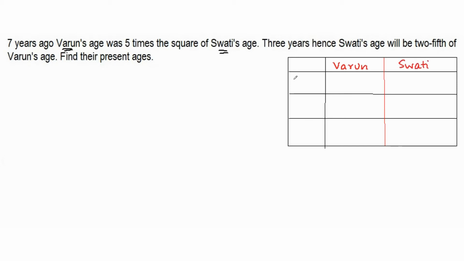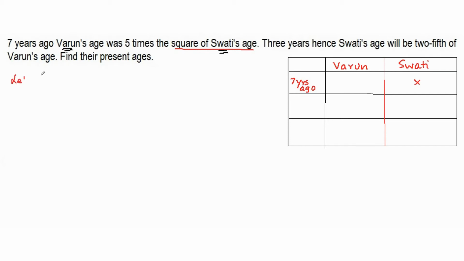Now it's given that 7 years ago. So let's see what is the story 7 years ago. 7 years ago, Varun's age was 5 times the square of Swati's age. So the right place where you can insert the variable is where the relation is known. Right now it is 5 times the square of Swati's age. So I would take Swati's age as x.